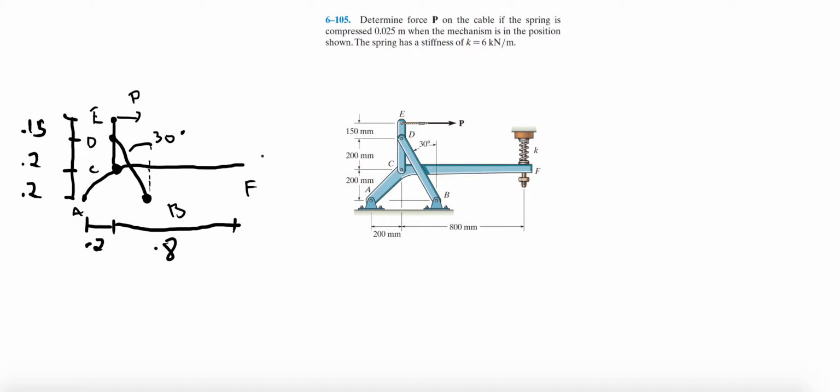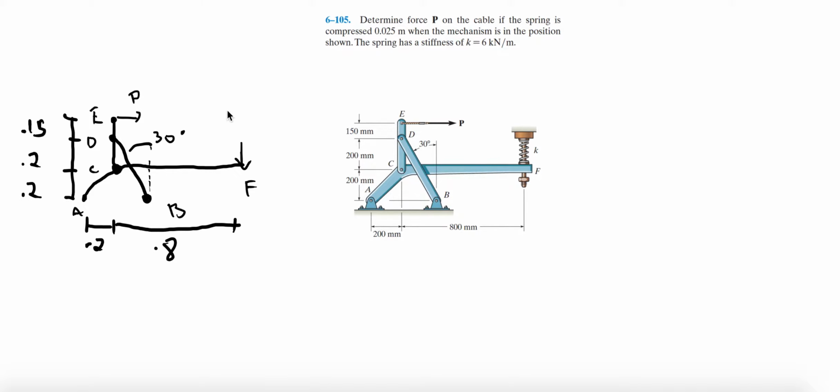To determine the direction of the force, which matters a lot, because it could be in tension or compression, we should do this, right? Think of Newton's third law, and this spring is being compressed. So the mechanism is pushing on the spring, which means that the spring is pushing back down. So that's how you figure out that direction.